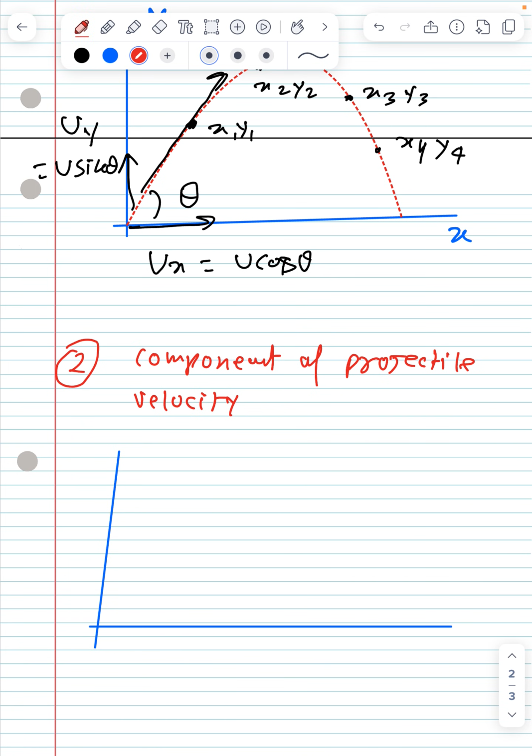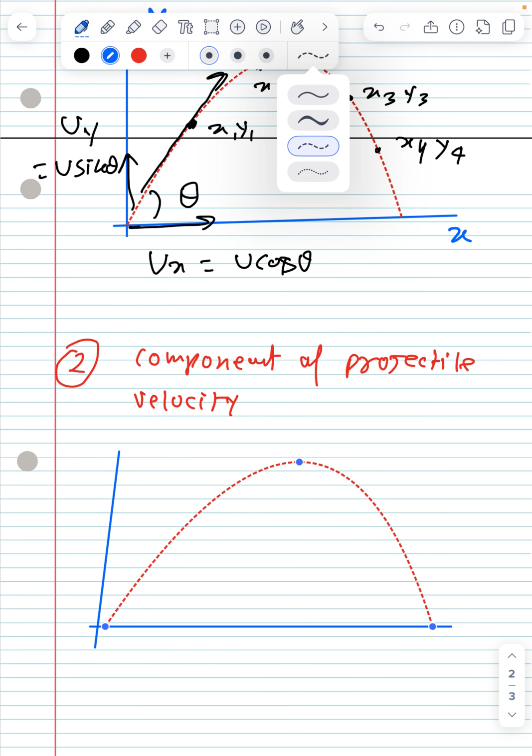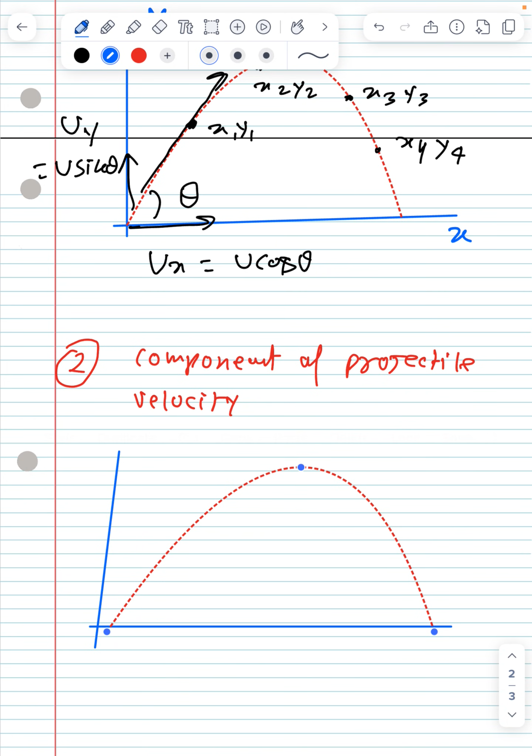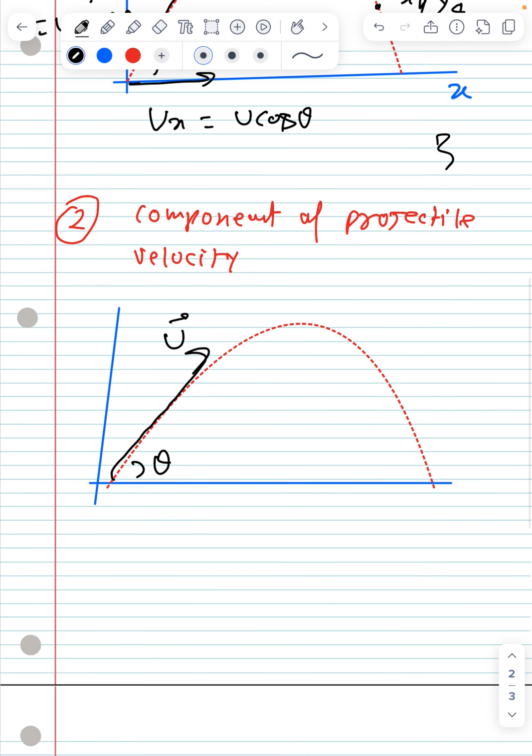The second part of this chapter is the components of projectile velocity. This is the x and y axis, and a particle is thrown like this.